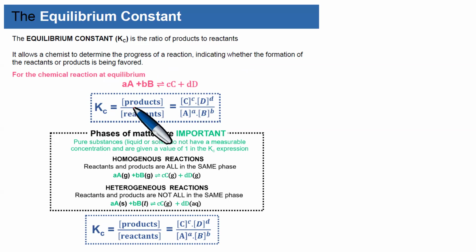What is Kc? It is the ratio of products to reactants. That's the definition. If somebody asks what Kc is, Kc is the ratio of products to reactants. It allows the chemist to determine the progress of a reaction, indicating whether the formation of the reactants or product is being favored.